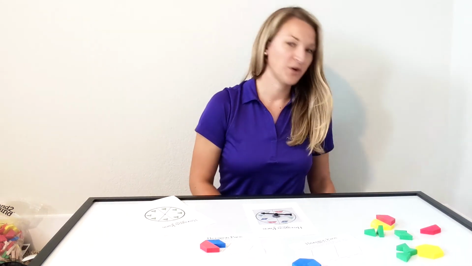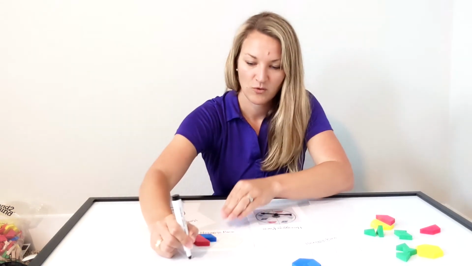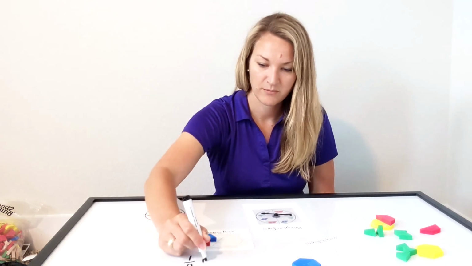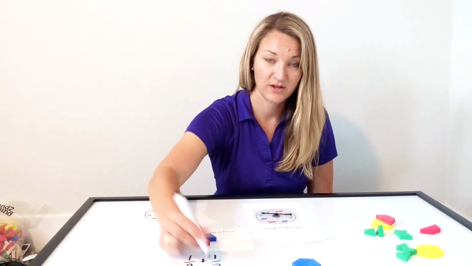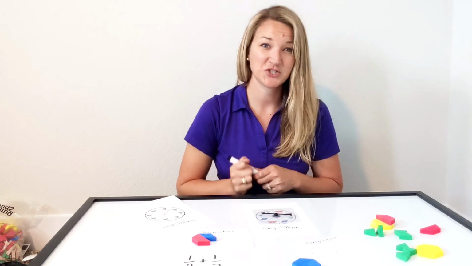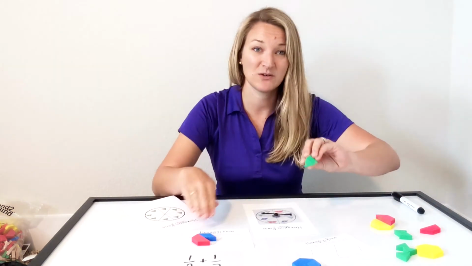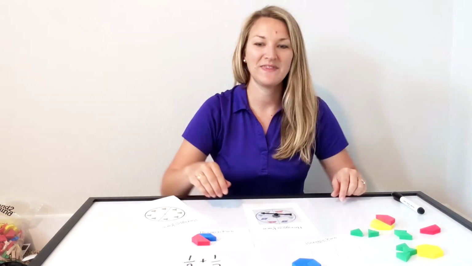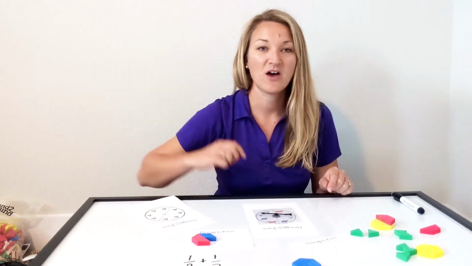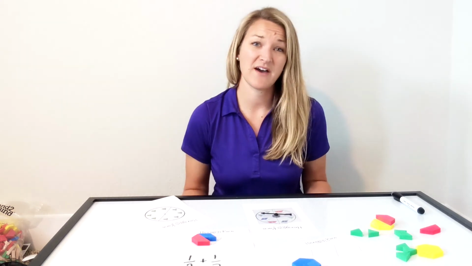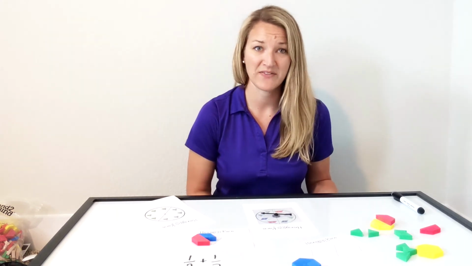So they could then record an equation that they have 1/2 plus 1/3. Now remember how we talked about they can exchange different pieces for other pieces that are equivalent to what they have. And that's one way that they can discover how to convert this equation to have common denominators in order to add the pieces.